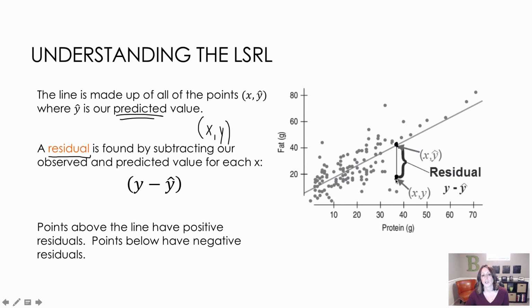Now, because we're taking y minus y hat, so the actual value minus the predicted value, if my actual value is below the line, I will have a negative residual. And if my actual value is above the line, say from here to here, this would be considered a positive residual. So it's important to understand residuals.